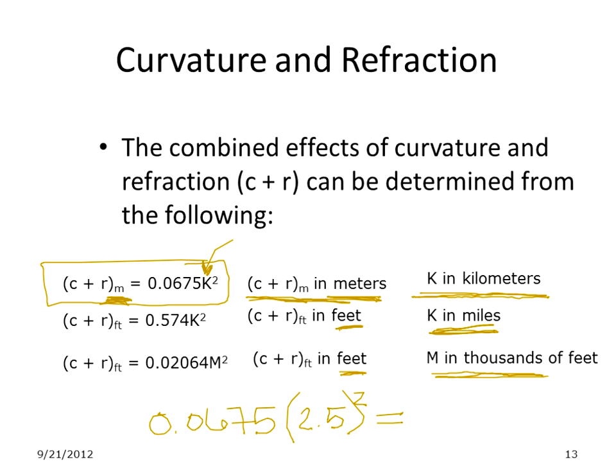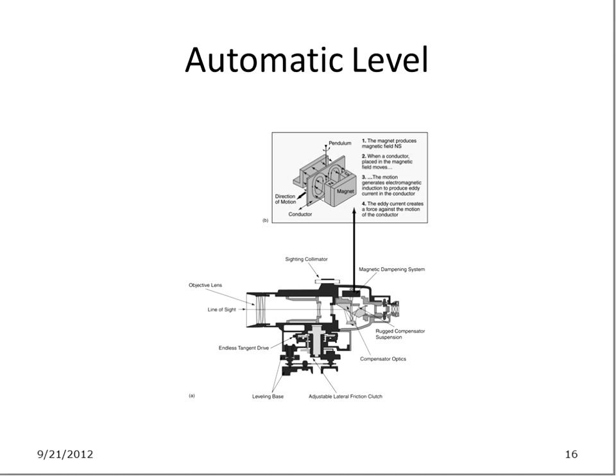Right? So let me grab my calculator here. Oh, okay, it says you got it. So 2.5 squared times 0.0675. So you would be off 0.422 meters. So almost half a meter, but not quite. Okay.